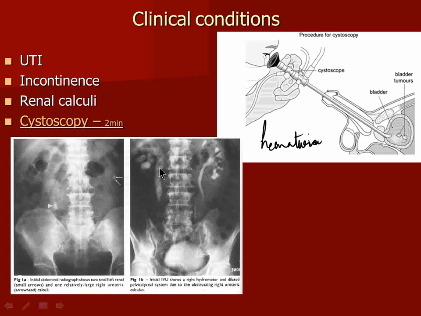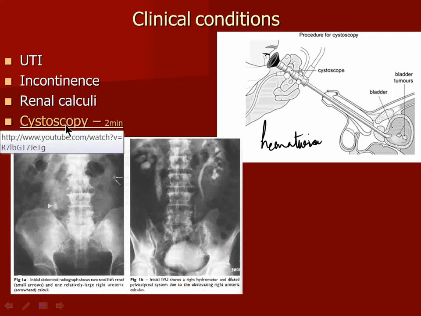It could be because there's a stone somewhere, and the stone, as it's being passed out, could scratch the mucosa, or it could be a bladder tumor, which is bleeding and causing blood to be passed out. So you want to look inside the bladder and see what's wrong. The procedure of looking into the bladder is called cystoscopy.